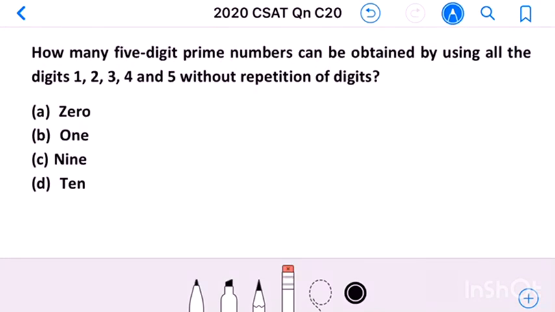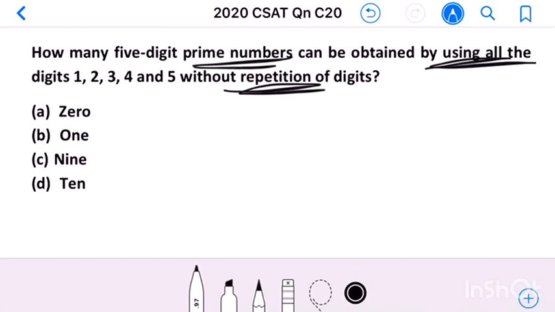Question number 20. How many 5-digit prime numbers can be obtained by using all the digits 1, 2, 3, 4 and 5 without repetition of digits? By using all the 5 digits without repetition, how many prime numbers can be obtained? What is meant by a prime number? A prime number is a number which we can't represent as a multiple of two smaller natural numbers, other than 1 and itself.